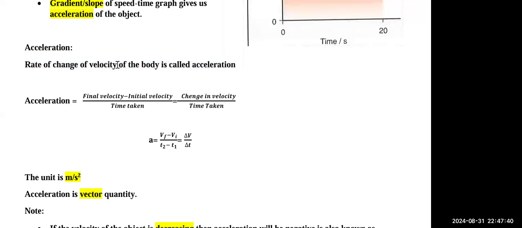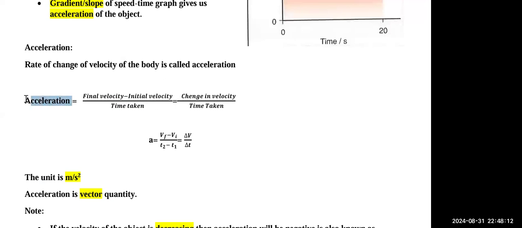I am using the term velocity. Velocity means the body is moving in a specified direction with some speed. Acceleration is equal to final speed minus initial speed divided by time taken. It means in which time interval the speed of your object changed. You find the difference of both velocities and divide by the time, and then you can easily find the acceleration.